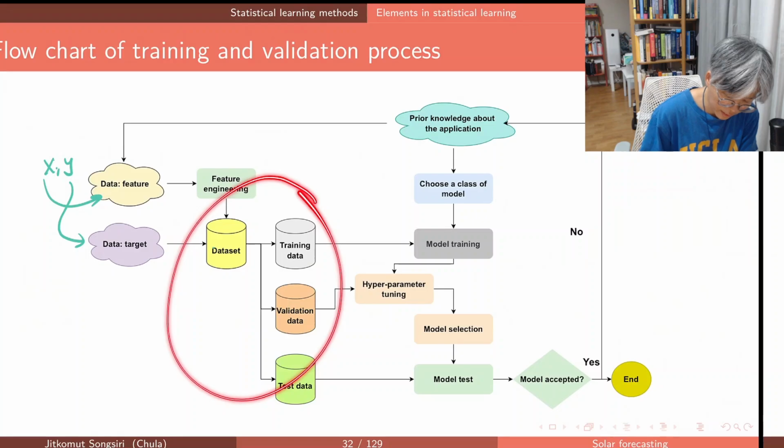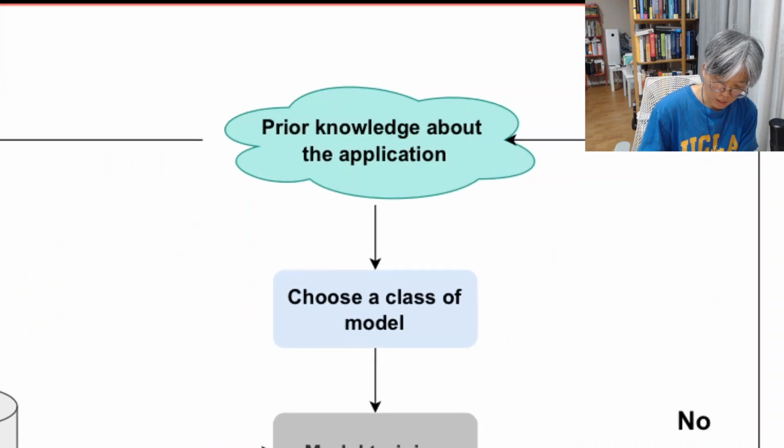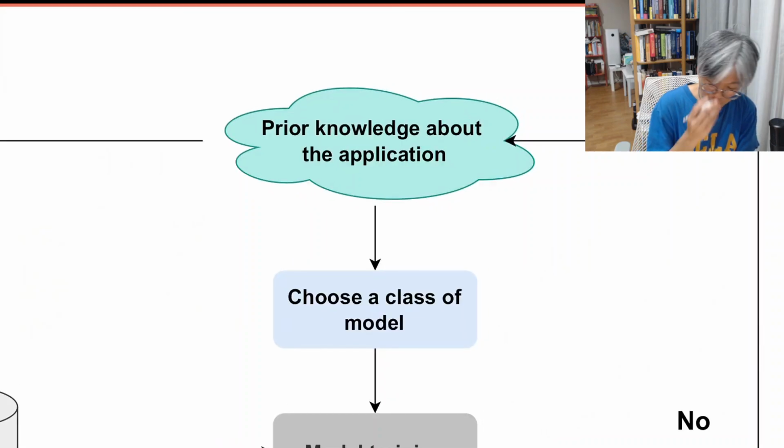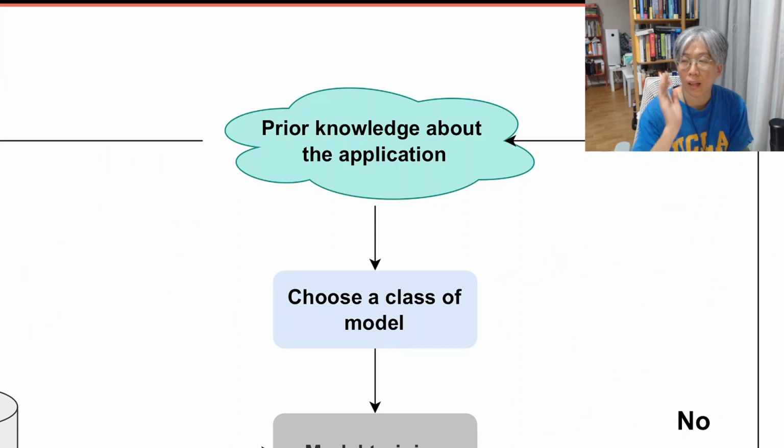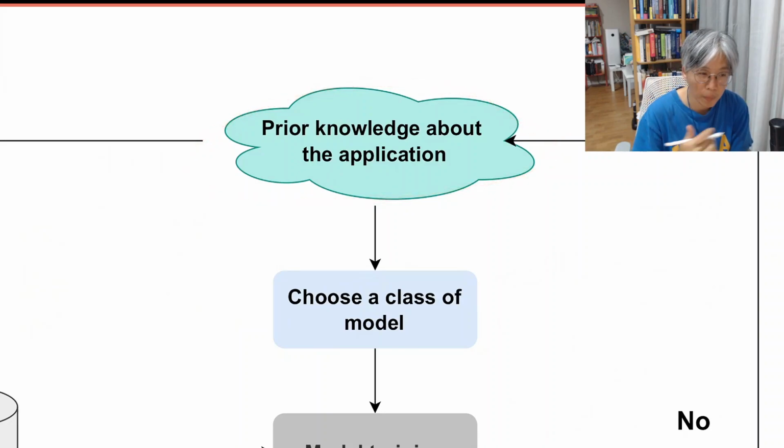Once you have prepared the data set, let's talk about the model. This is in general for any statistical learning technique. When you have prior knowledge about your application, you choose an appropriate class of model. This step also requires analysis of your data set.